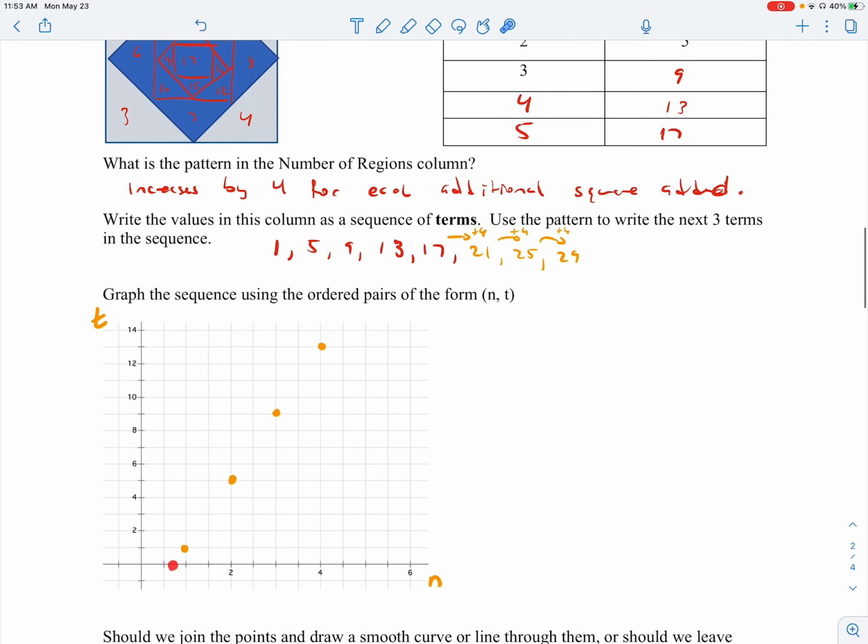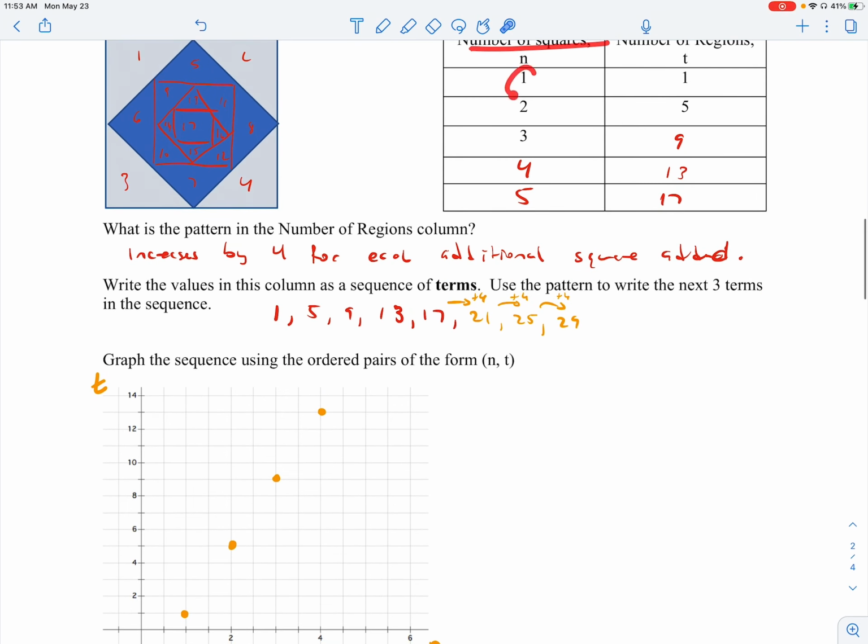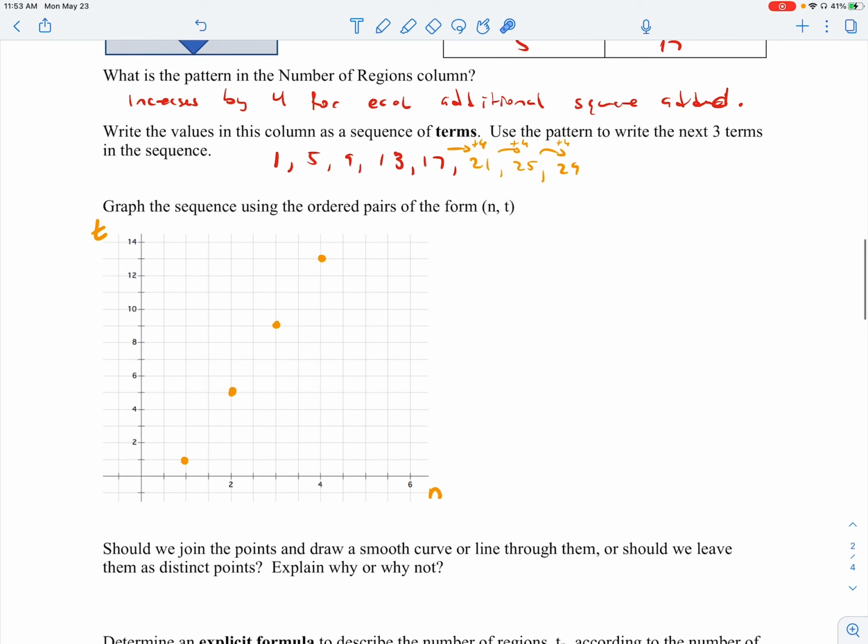If I draw a line through them, then I'm including all the infinite amount of points along here. I know we're really used to doing this in math class, but when we look at the context, like the number of squares, these have to be whole numbers. We can't draw half a square or 0.1 of a square. So it doesn't make sense to draw a line through here.